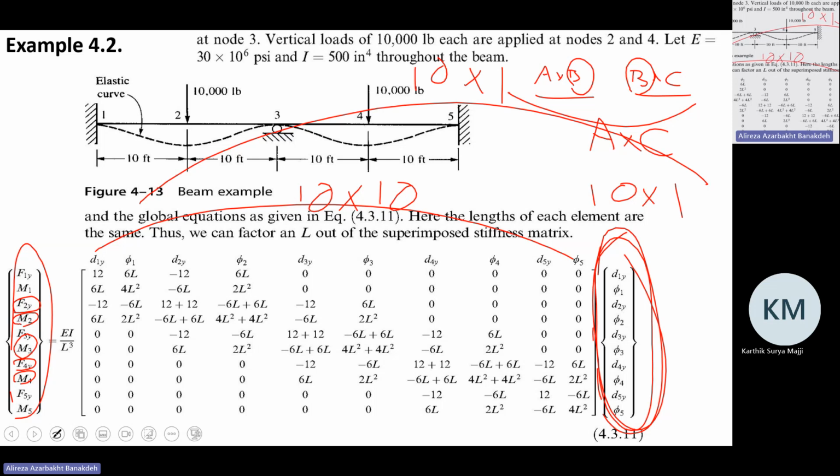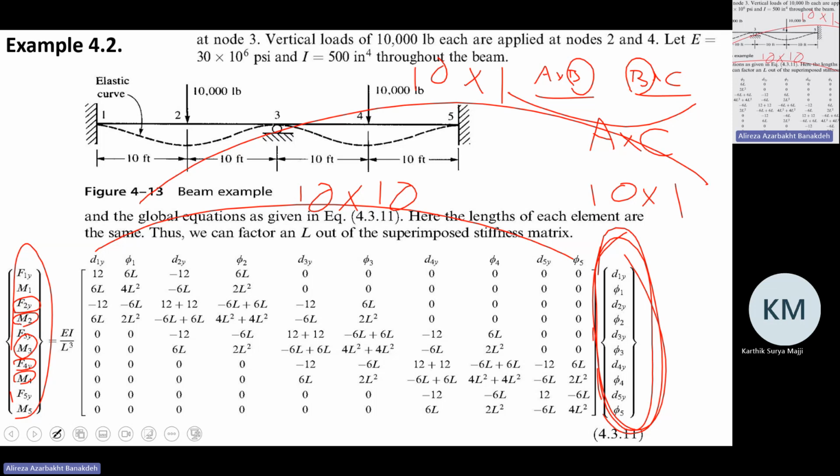Be precise, what are you doing? You have a vector in the left-hand side, a combination of external forces and support reactions. You have another vector in the right-hand side, which is what? Deformation.